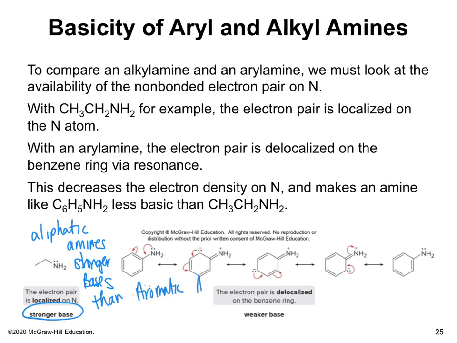You see, this is a stronger base because the electron pair is localized on the nitrogen. Here, when you have the benzene, the aromatic, you can delocalize that lone pair. So that lone pair can get delocalized back into the ring, which makes it weaker. So anytime your professors say always, write it down. So aliphatic amines are always going to be stronger bases than the aromatic amines.